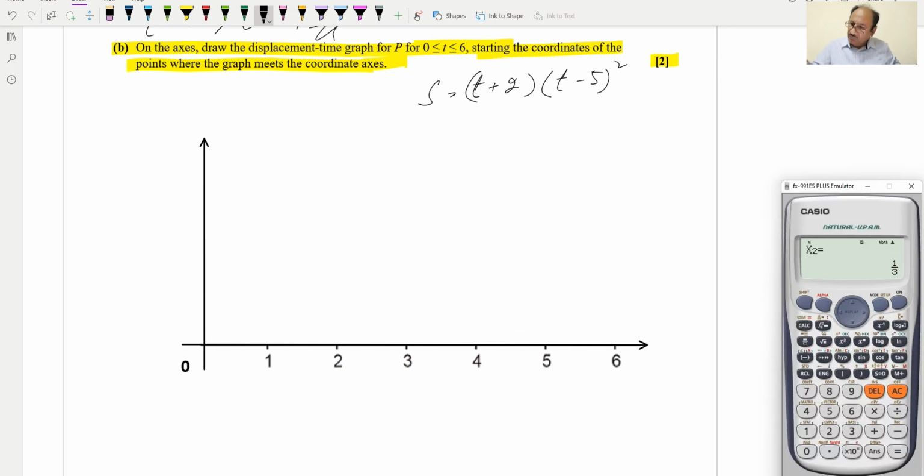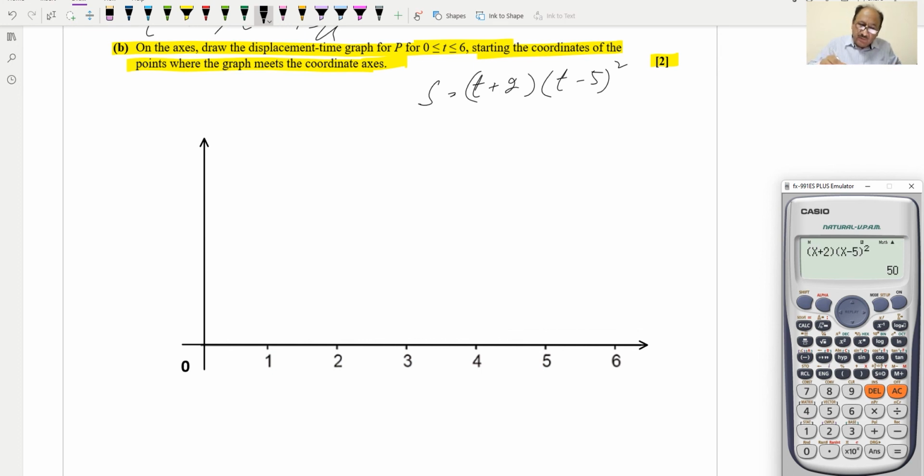So I will write the equation in brackets: (x plus 2) bracket close, and the second will be (x minus 5) squared, and we will solve it for 0. Calculate for x is equal to 0, and we got 50.